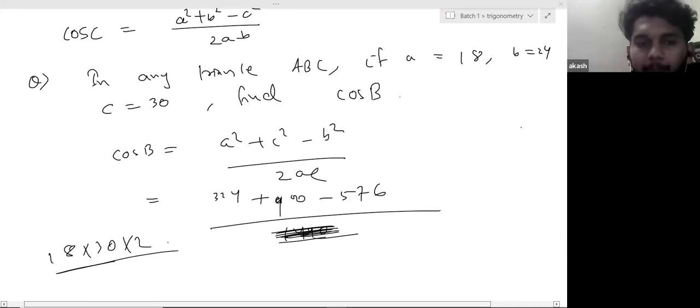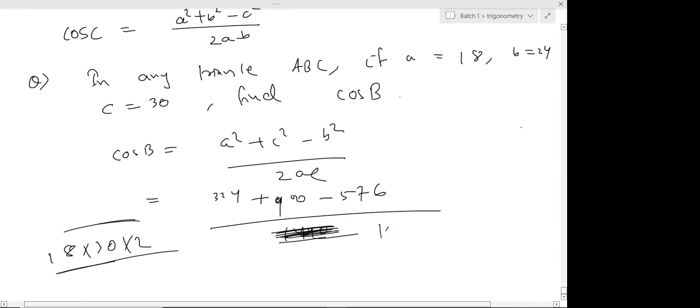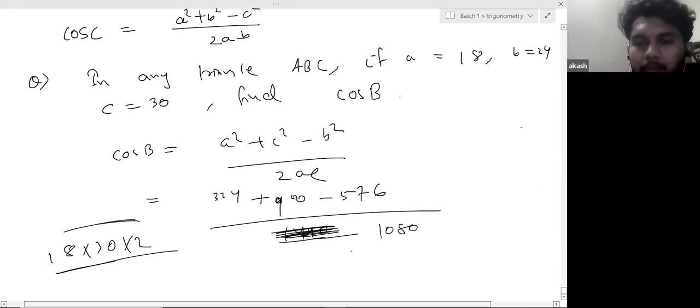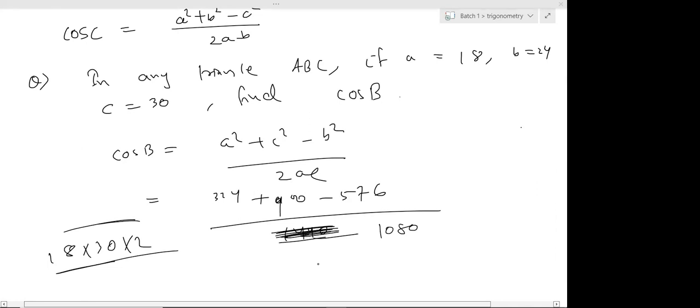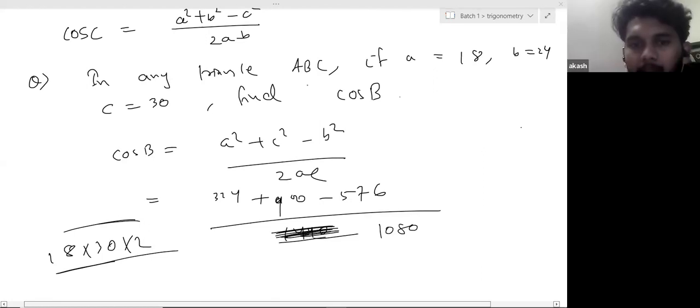Gautam, how much are you getting? Sir, final answer I got 1223.5. How did you not divide? You have to divide also, Gautam, right?